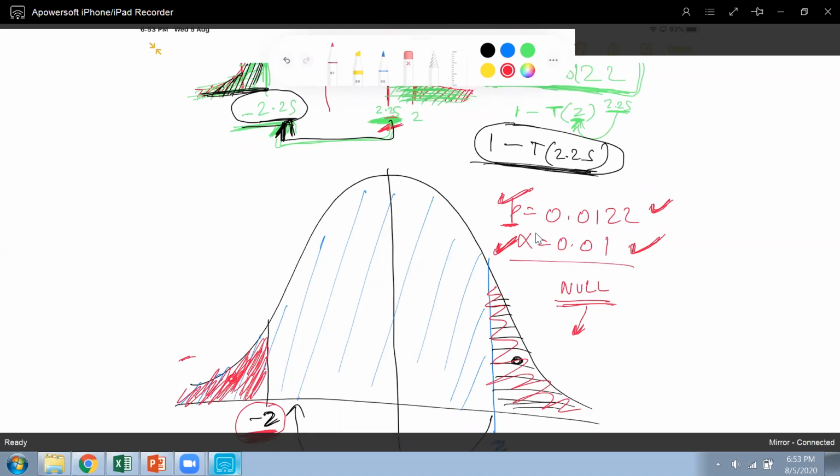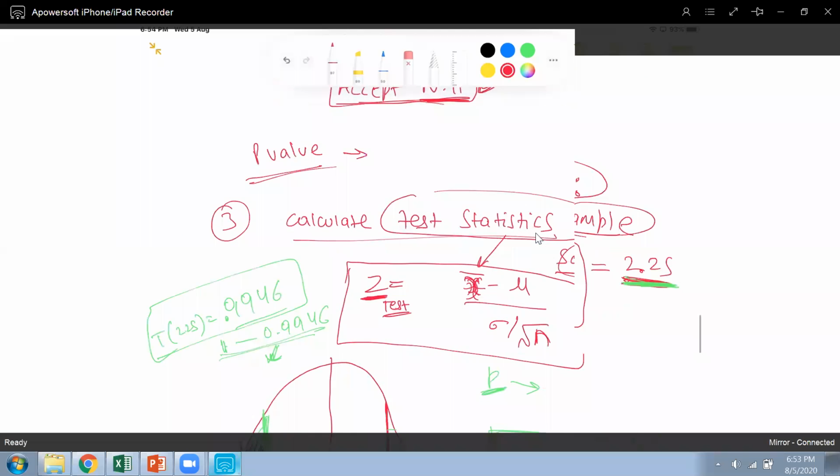Null hypothesis is accepted. Yeah, correct. The more the p value, the more the chance that my null hypothesis is accepted. That is the way we do hypothesis testing.